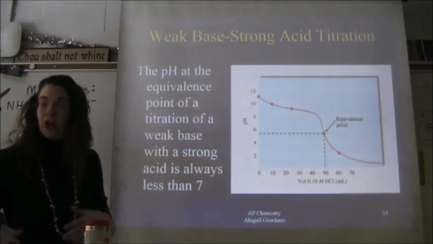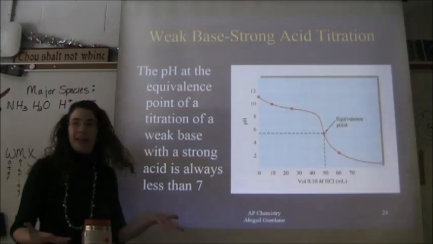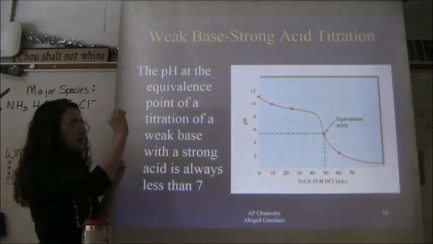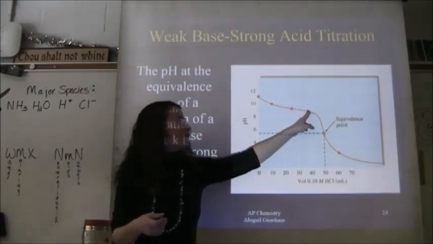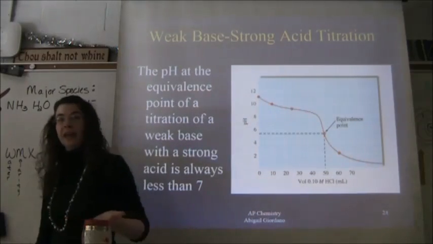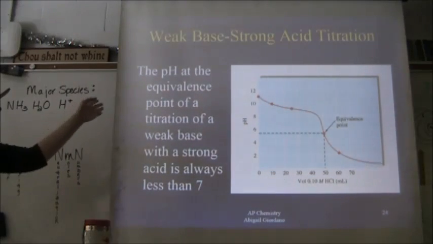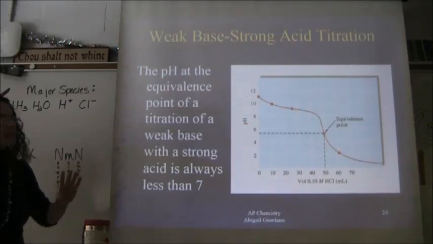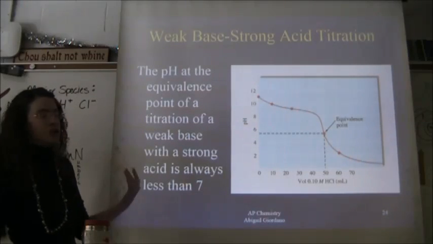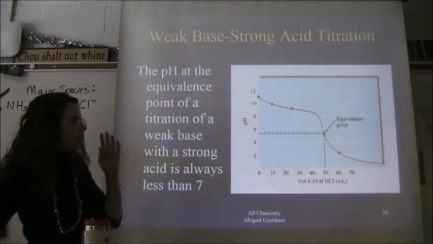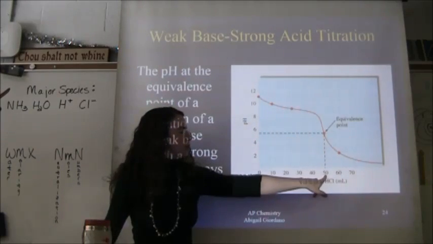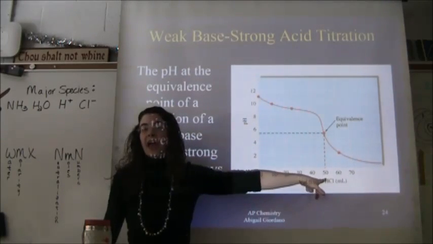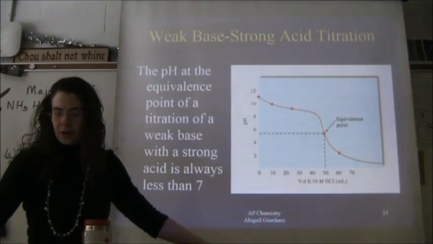So, let's pull up a graph. If we had been keeping track of these points and plotting them as we went, we would get a curve that would look something like this. It's not a perfect reverse S, but it has that same general shape. They've told us that the equivalence point is at 50, which means the halfway point is where?